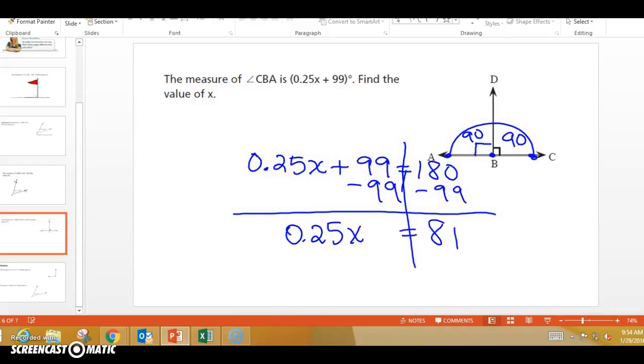And then from here, I'm going to divide both sides by 0.25. So it's kind of like me saying, how many quarters go into $81? What are we getting? How many? 324. Wow. Really? That'd be a lot of quarters. My goodness. Okay. Any questions on that?